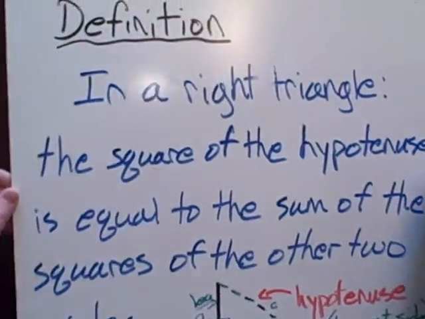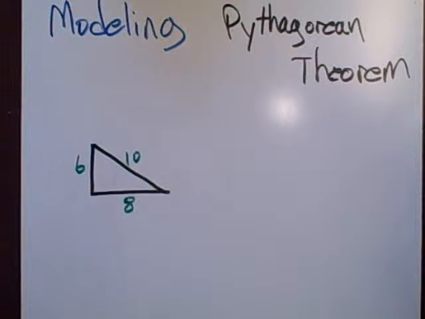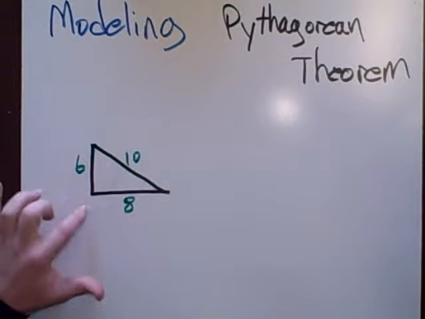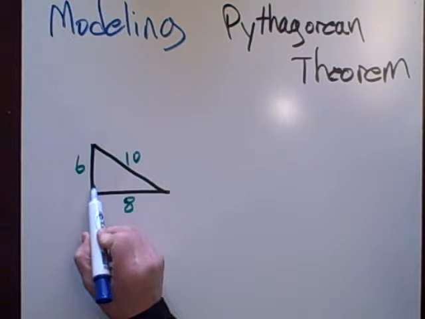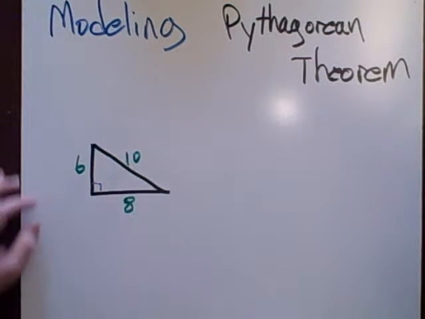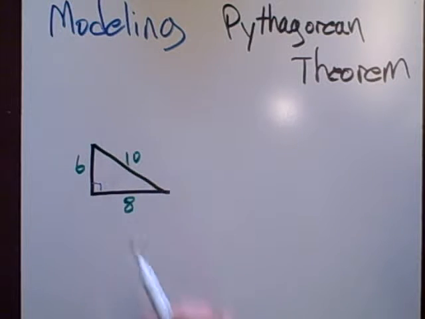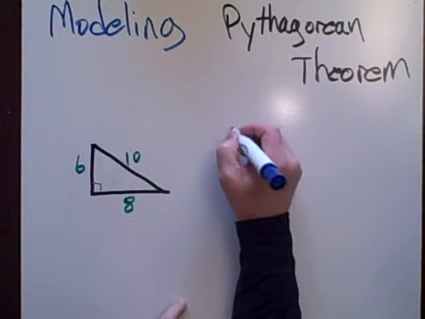Let's look at a couple more diagrams where we simply model the Pythagorean theorem. Here's a right triangle. And again, the two shorter sides, which make up the right angle, the legs, one measures 6, one measures 8, and the hypotenuse measures 10. Let's take a look at the theorem.